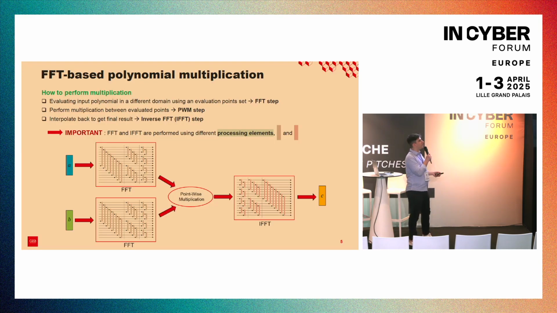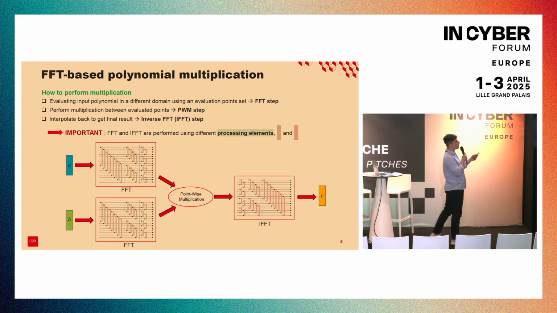First of all, in general, how to perform the polynomial multiplication using FFT. The main idea is to perform this operation in three different steps. In the first step, which is called FFT, we take as input two polynomials, and we evaluate them in a new polynomial basis.